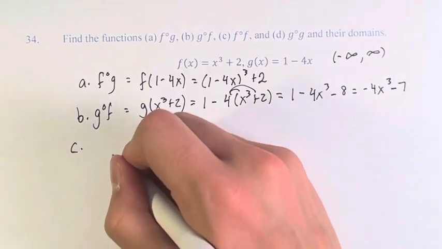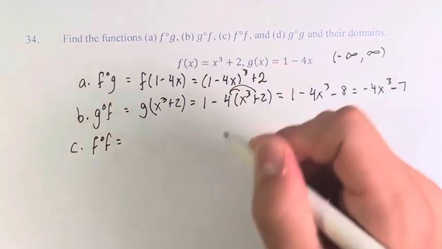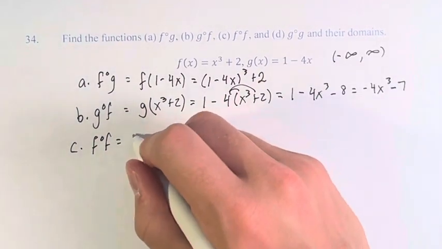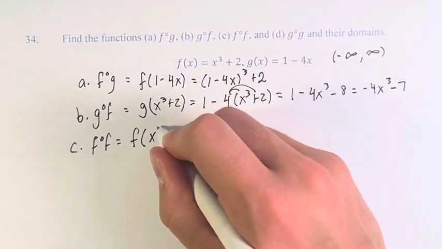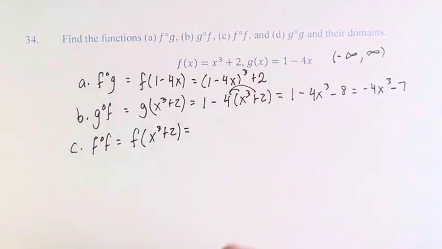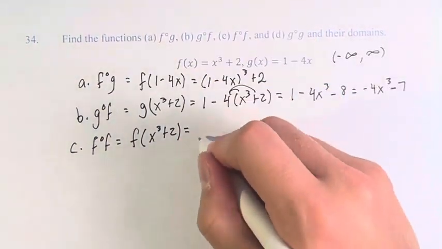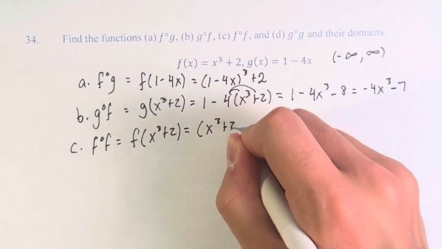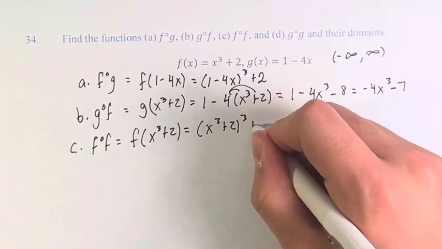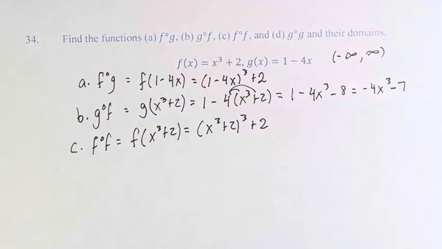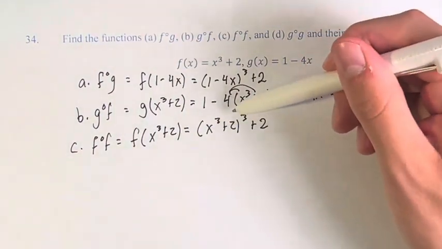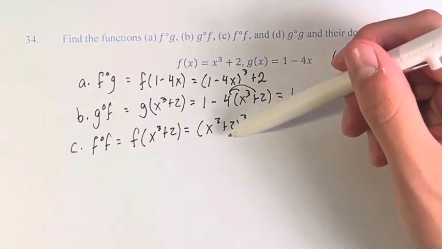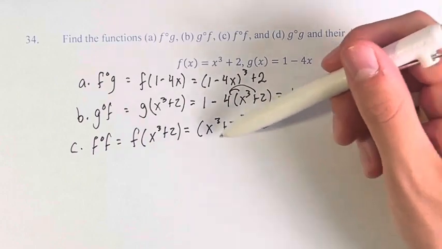C, we're doing f of f. So therefore, this is f of x cubed plus 2. So we're plugging it in to f. So this is x cubed plus 2 cubed plus 2. And again, you can simplify this, it's not too difficult, it'll just take some time.